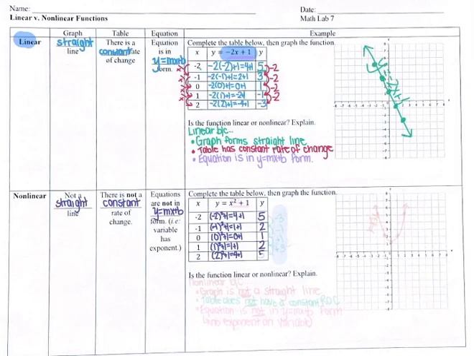So now, let's plot these. So we have -2, 5, -1, 2, 0, 1, 1, 2, and 2, 5. Label it.